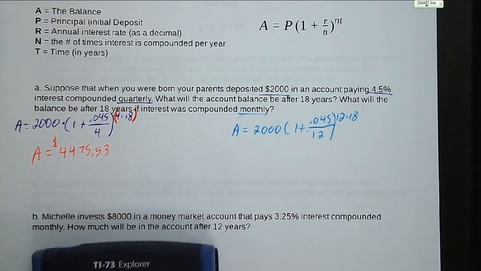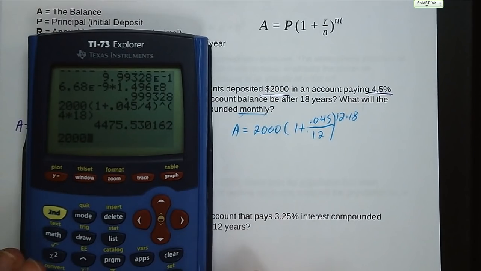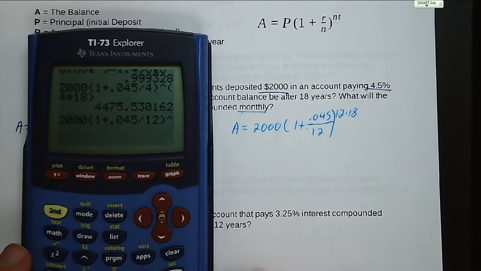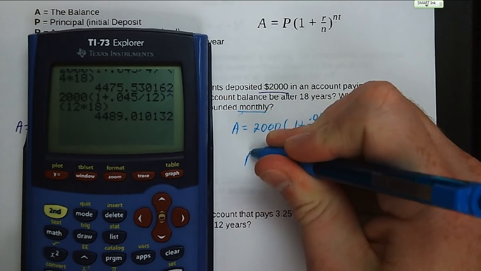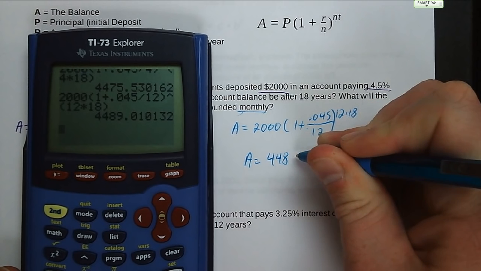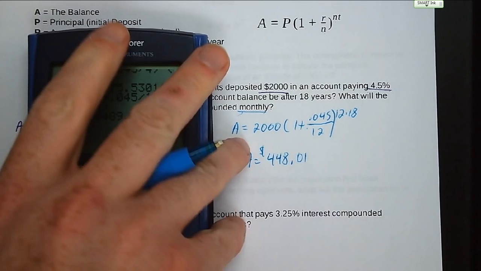So we do the same thing with our calculator. 2,000 times 1 plus 0.045 divided by 12 this time. And we are raising that to the 12 times 18th power. So we find that A is equal to $4,489.01.